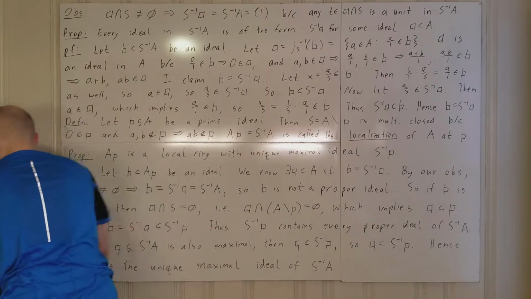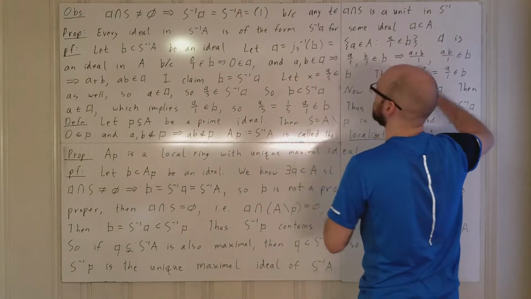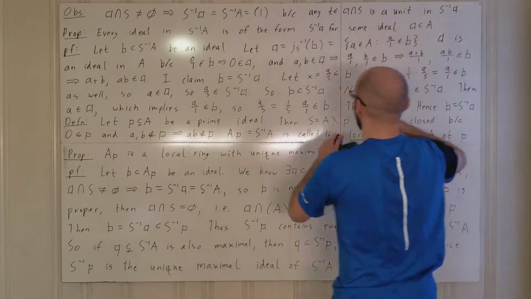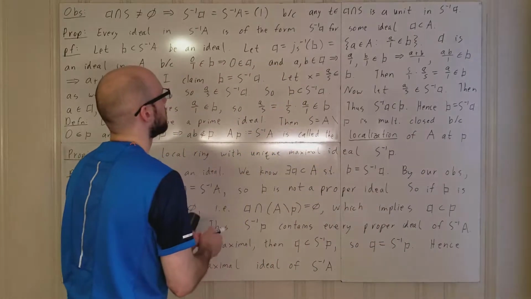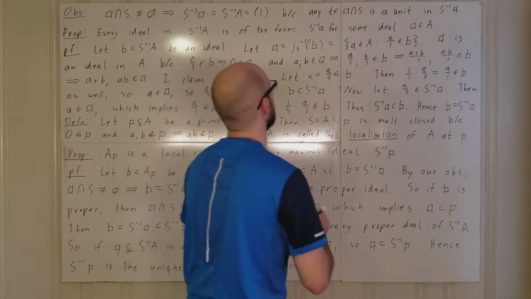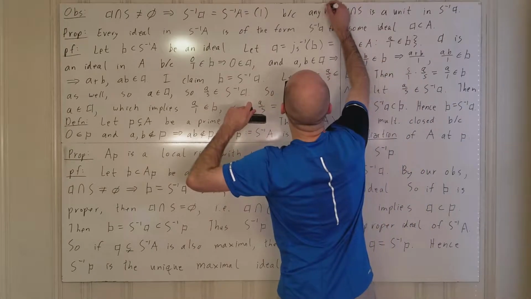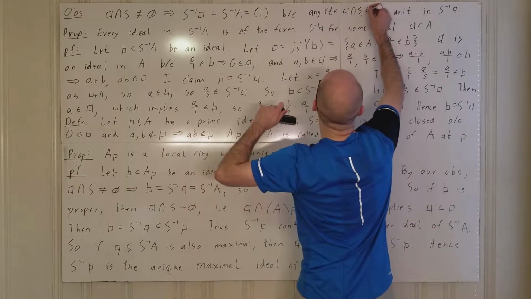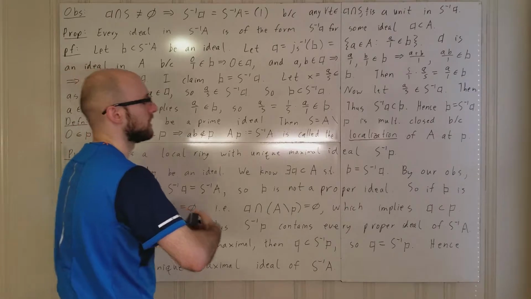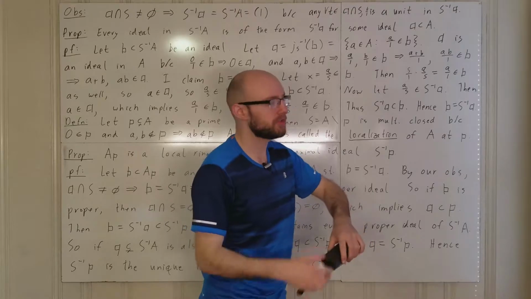okay, well, I guess this should be a unit in S inverse A. So for every single t, t over 1 is a unit in S inverse A because its inverse is just 1 over t.